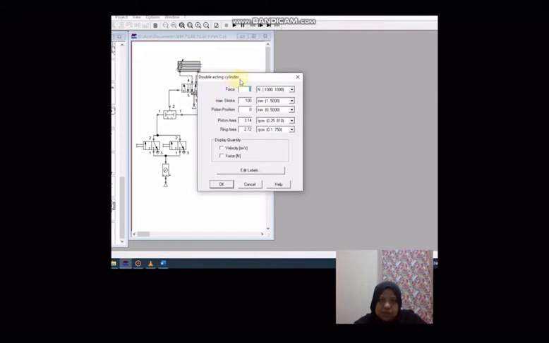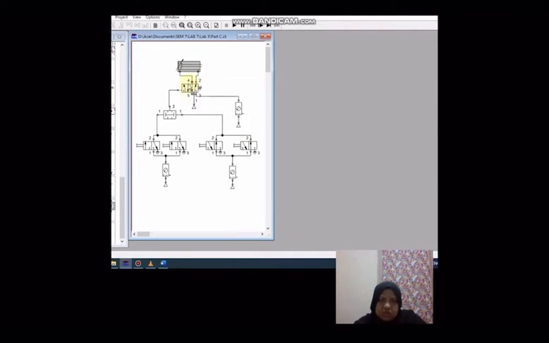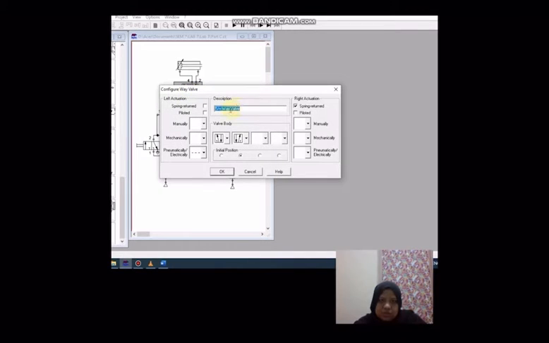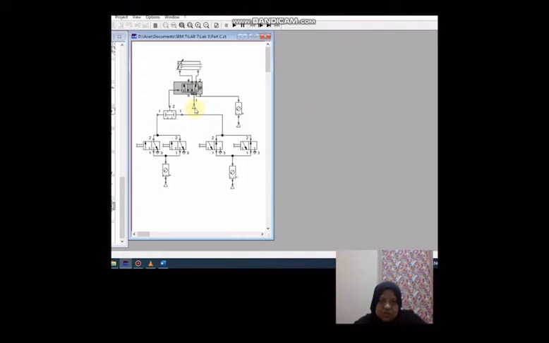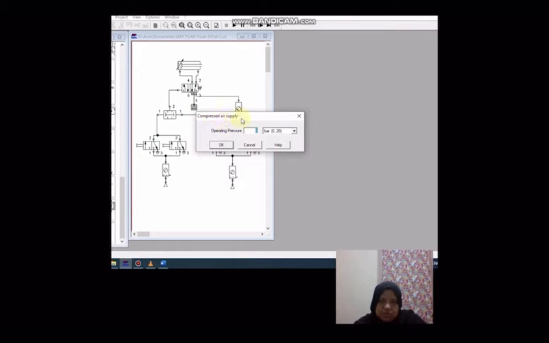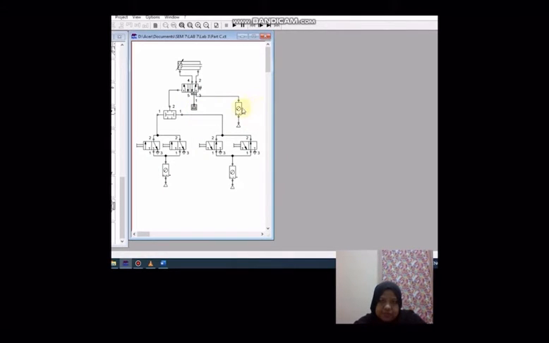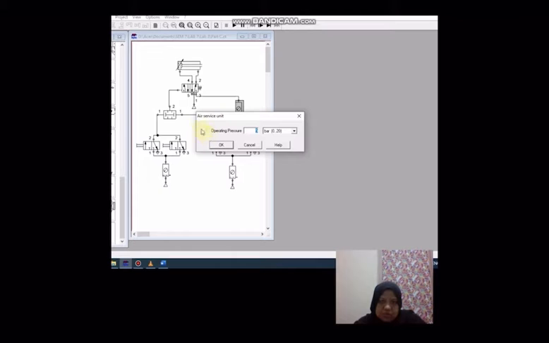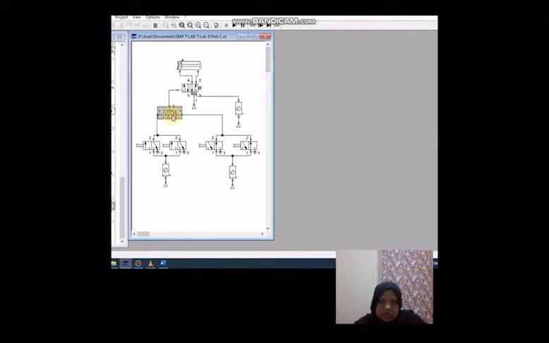This is the double-acting cylinder, the actuator valve, and this is a 5-way valve, and this one is the compressed air supply. This one is the air service unit. This is a two-pressure valve.